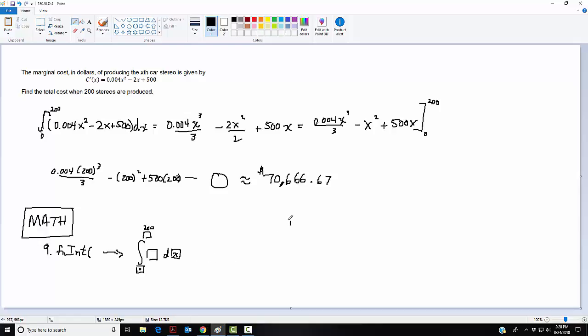If you have a TI-83 and some of the older 84s, what's going to be on your screen is fnInt, and you have to fill it in like this.